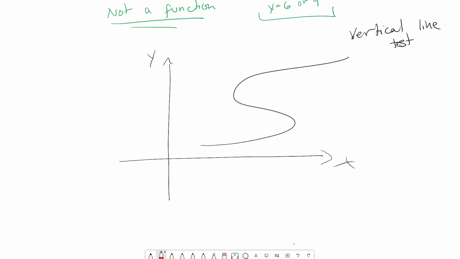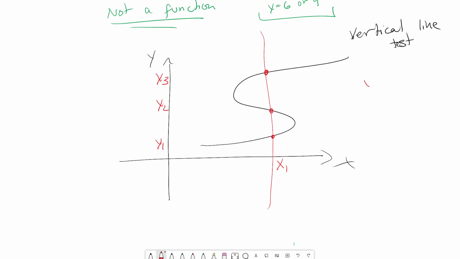What is the vertical line test? Well, what we do is we draw a vertical line through various parts of our curve. And what we see here is that for this x, let's call it x1, we have three different values of y. We have y1 here, y2 in the middle, and y3 at top.